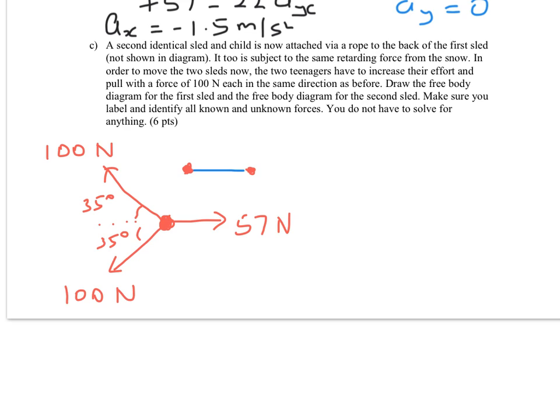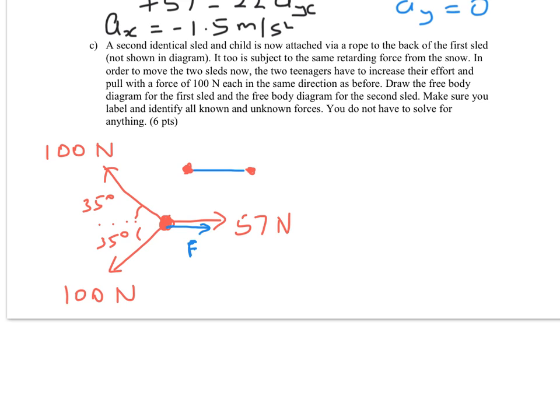Therefore, there is another force acting on this in this direction. Now, as a point, I really should draw them together, but I separate them out slightly just so you can see that there are two forces there. We will see later that this force is called tension, but for now you can just call it force exerted by the rope on the first sled.